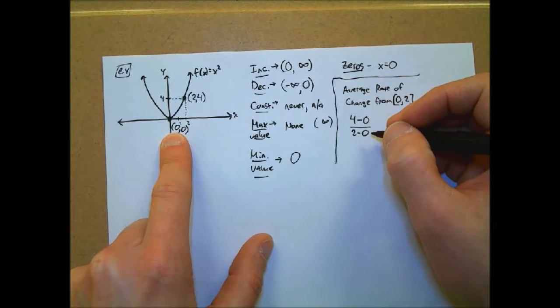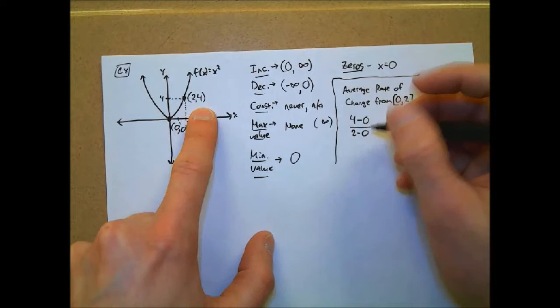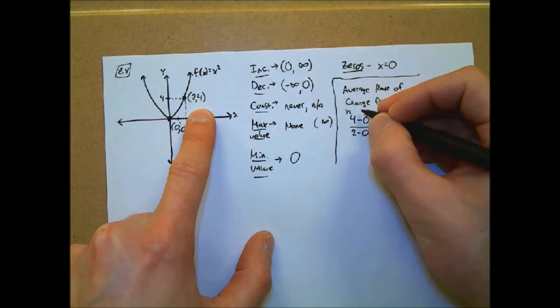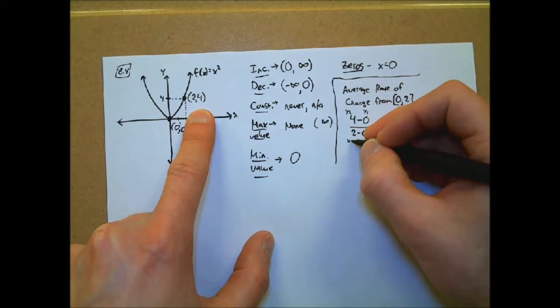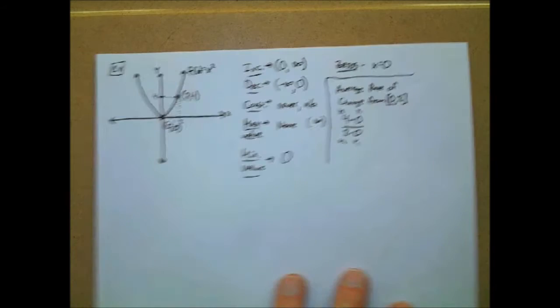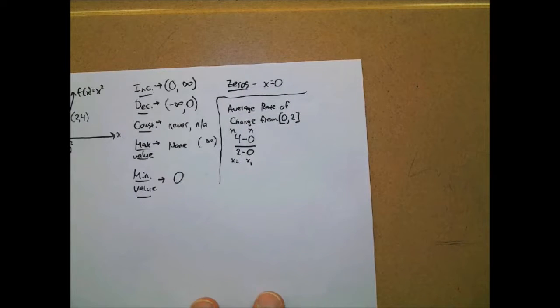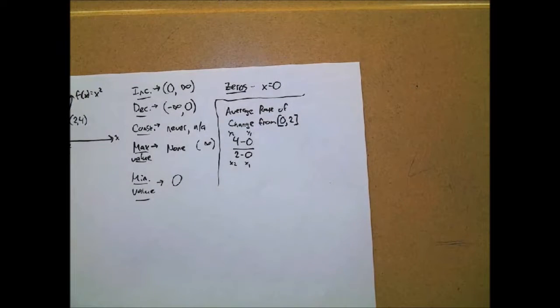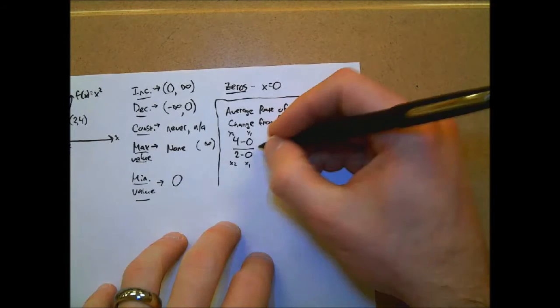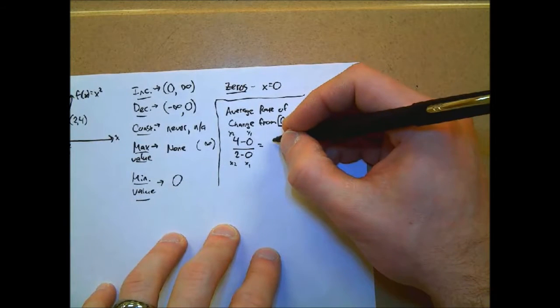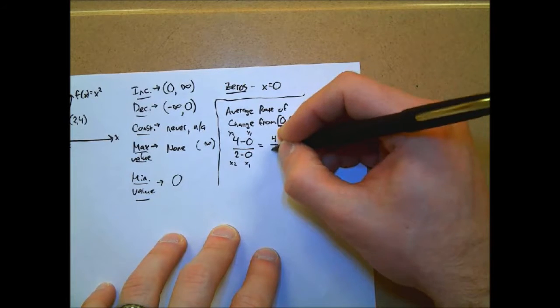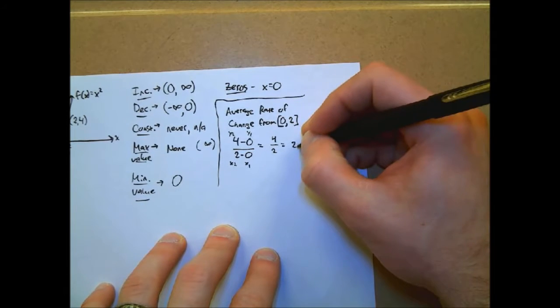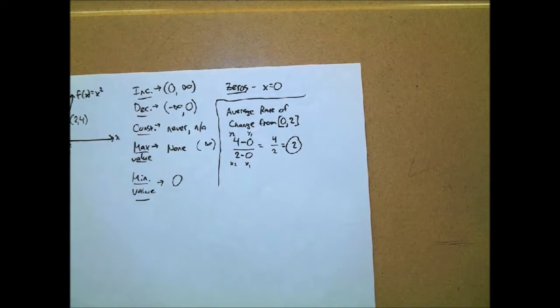You can think of it as y2 and y1, and x2 and x1. Subtract your y-coordinates in the numerator, subtract your x-coordinates in the denominator. And so we get 4 over 2, which is simply 2. So the average rate of change from 0 to 2 is 2.